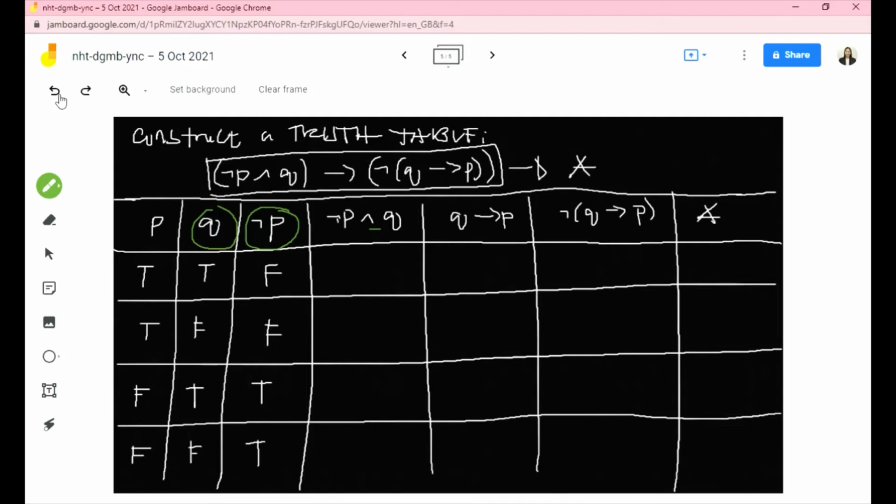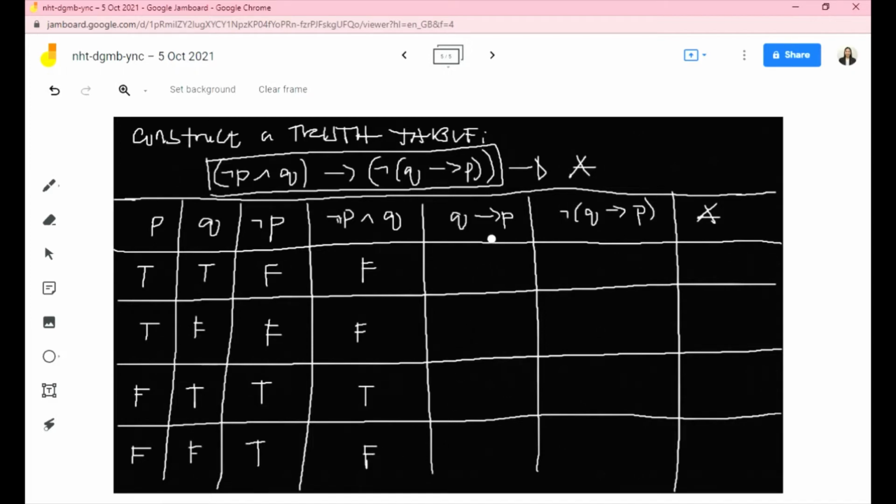Not P and Q: we have F and T, that is F, F and F, that is F, T and T, that is true, T and F, that is still false.